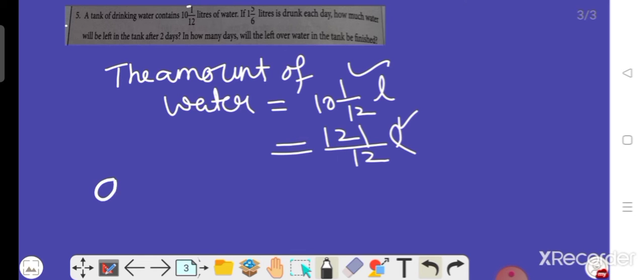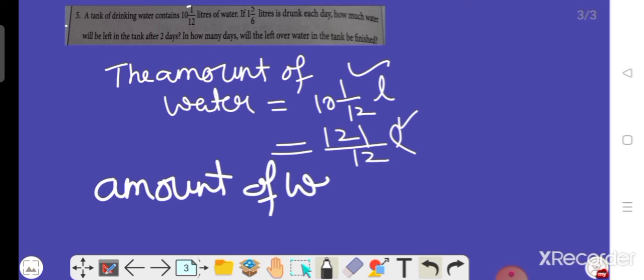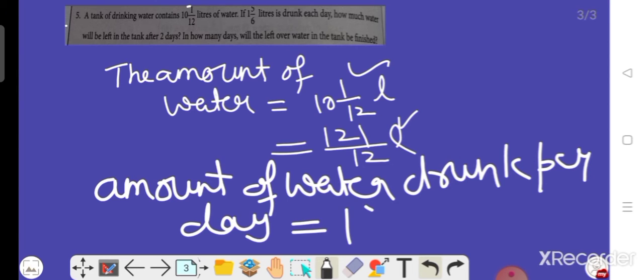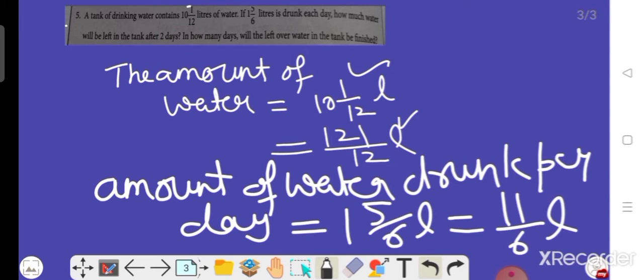We can write the amount of water drunk per day is equal to 1 5/6 liters, and that is equal to 11/6 liters. Okay, this is the amount which we drink in 1 day, so easily we can calculate the amount of water drunk by us in 2 days.